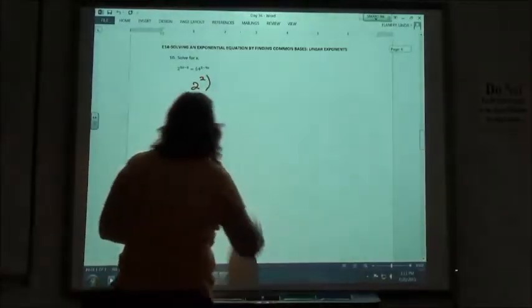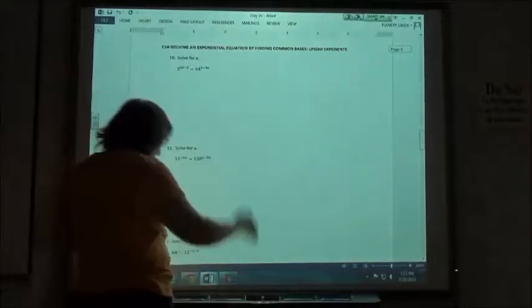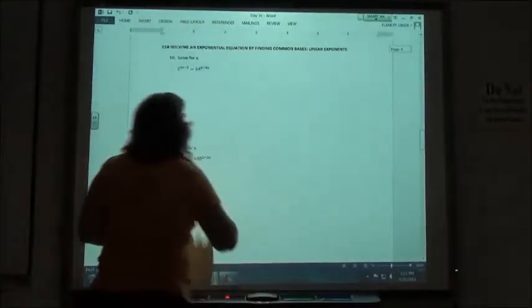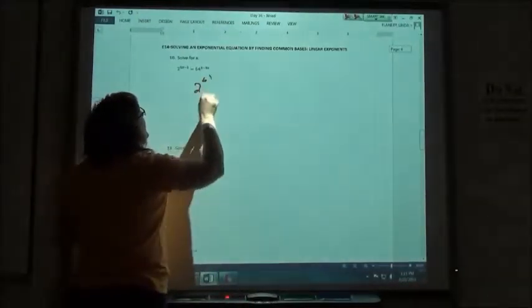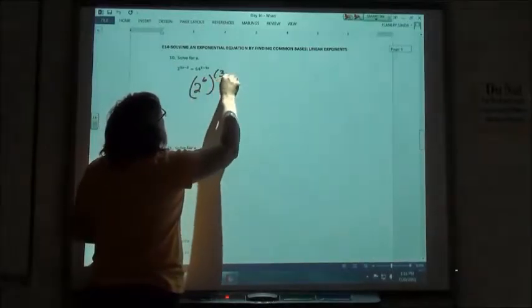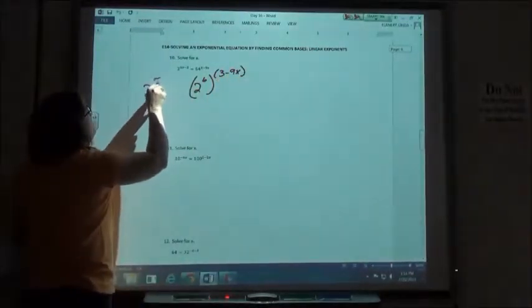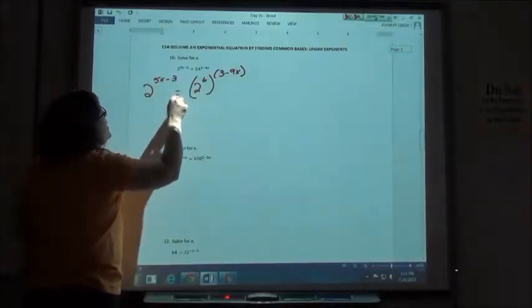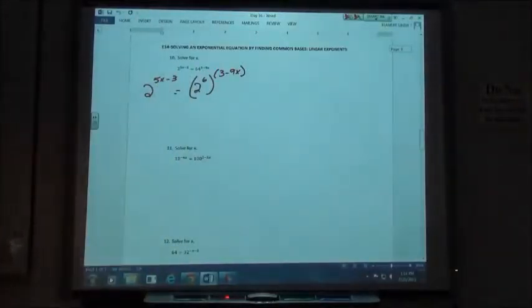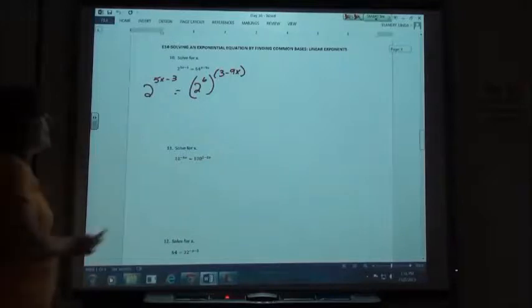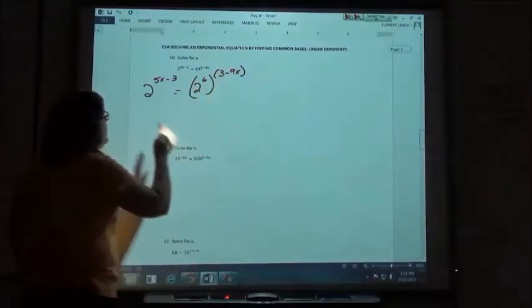And I wrote my 2 down. 2 to the 6th power. So I have 2 to the 5x minus 3 equals 2 to the 6th raised to the 3 minus 9x. When I raise to a power, I multiply.